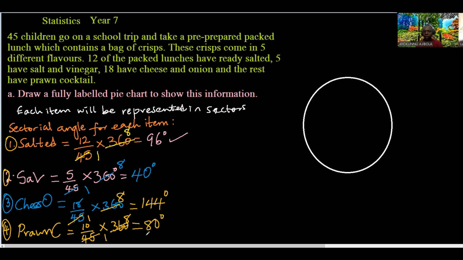So the implication is that if we add all these four angles together, it's supposed to give us 360, which is the total in a circle. So let's try to add 80 plus 144 plus 40 plus 96. What do you get? That should give 360. Add all the angles together and let me know if it gives you 360.